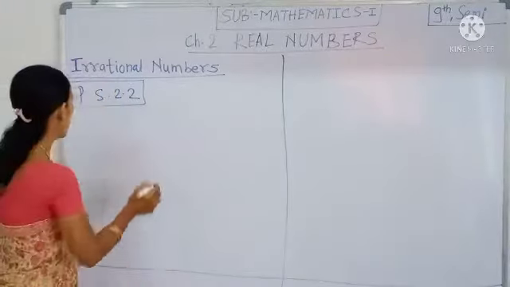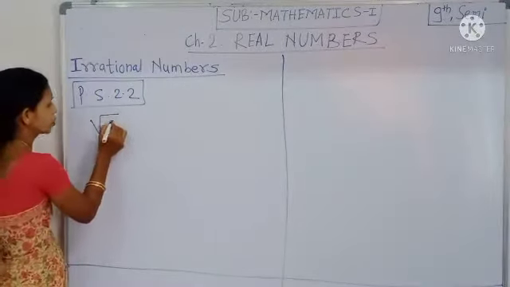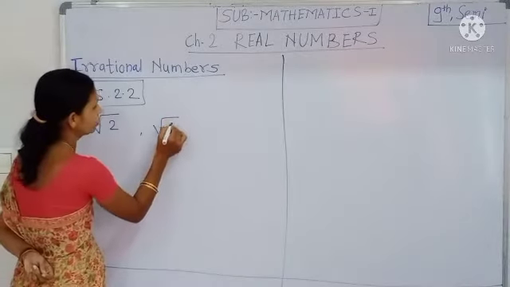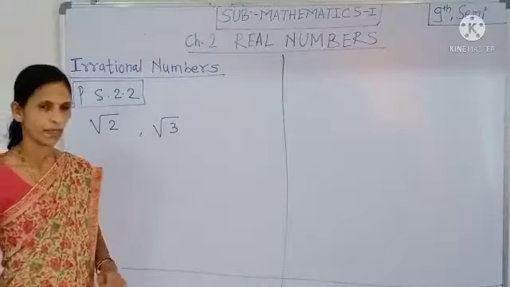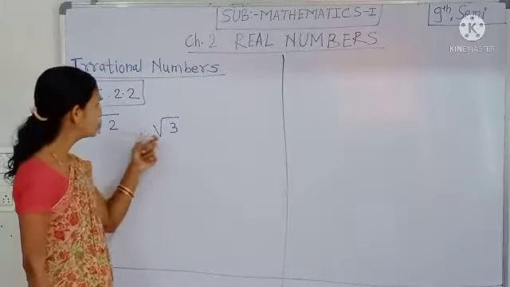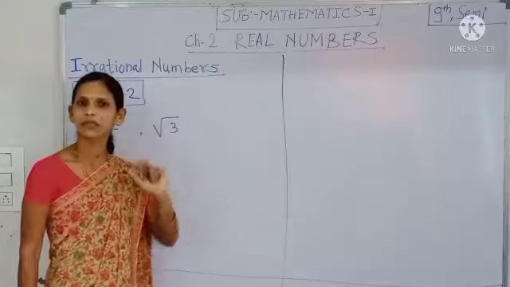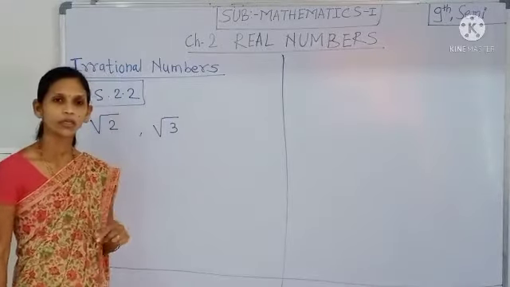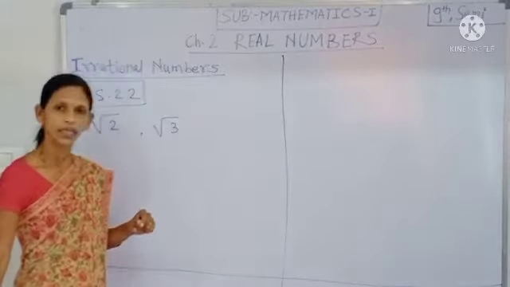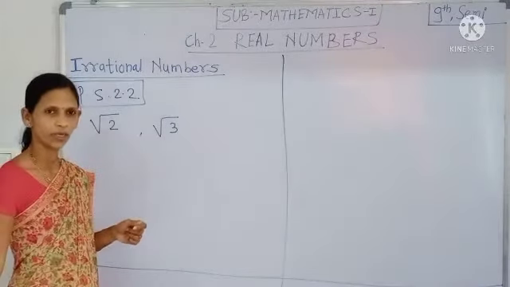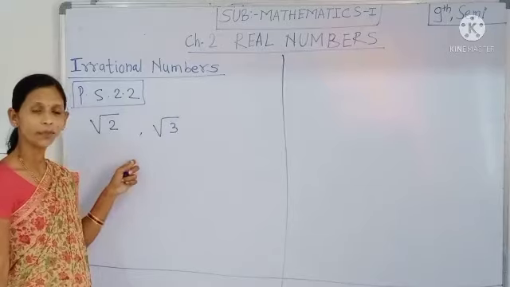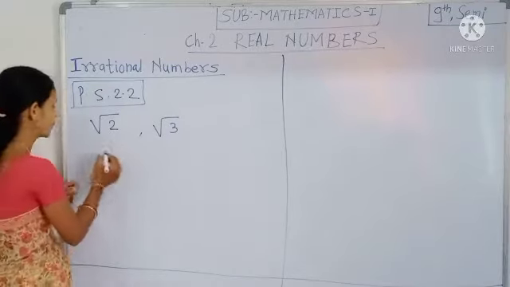We have to represent square root of 2 or square root of 3 on the number line. How do we represent an irrational number on a number line? First of all we have to recall the concept of the Pythagoras theorem.